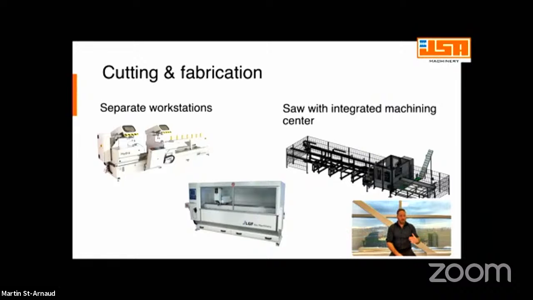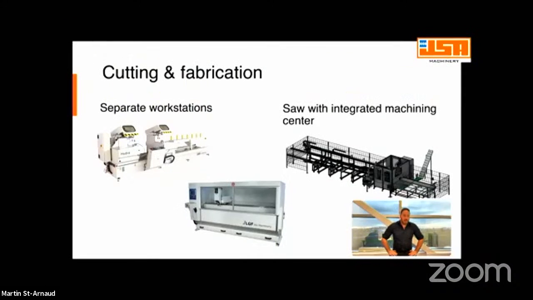If you're looking more at the other side of the screen, that would be a saw with an integrated machining center. The idea behind those saws is really to have only one workstation, so one employee loading and another employee unloading.